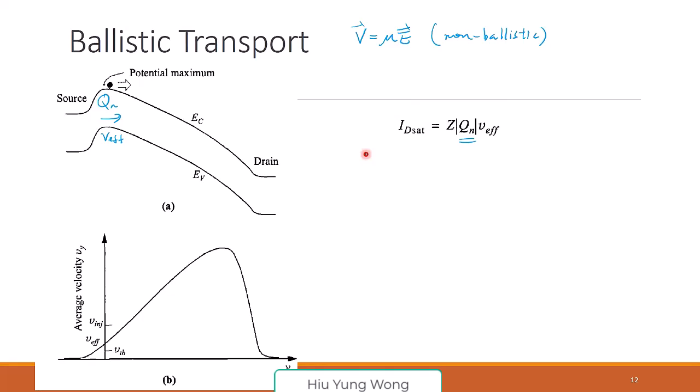But what is the velocity? Can you tell me what is the velocity at this point? Anyone have any idea why the electron has velocity at that point? Oh, let's not talk about electron. What if it is a gas? Why does the gas have velocity at that point?